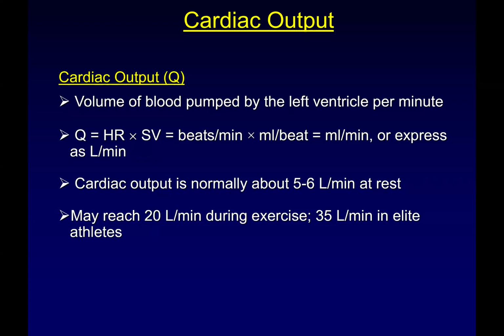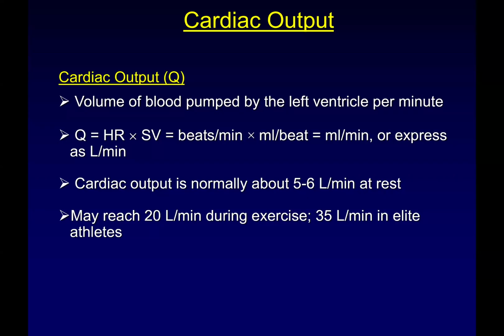Cardiac output is the volume of blood that leaves the left ventricle and enters the aorta in 1 minute. We abbreviate cardiac output as Q. So cardiac output is equal to heart rate multiplied by stroke volume.